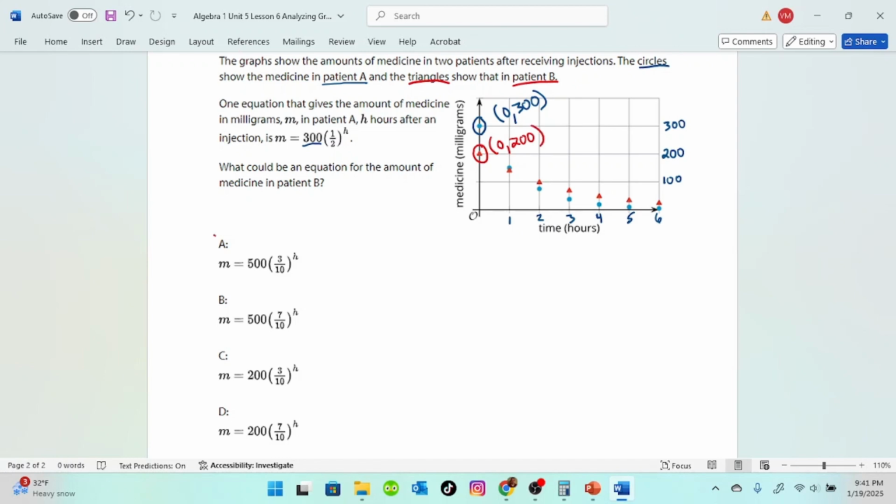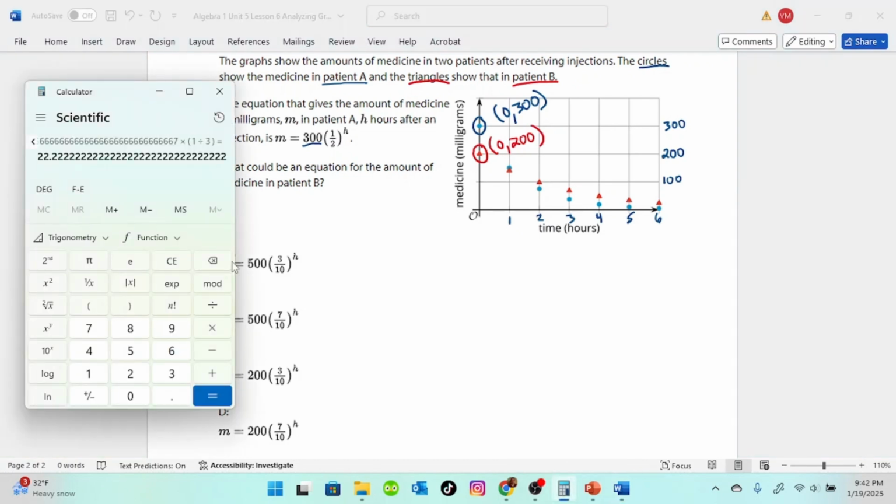So we can get rid of A and we can get rid of B because those two both say the initial amount is 500, but if A was only 300 and B is below 300, then it's impossible that A or B are correct here. So now what we need to know is, are we multiplying by 3/10 each time, or are we multiplying by 7/10 each time?